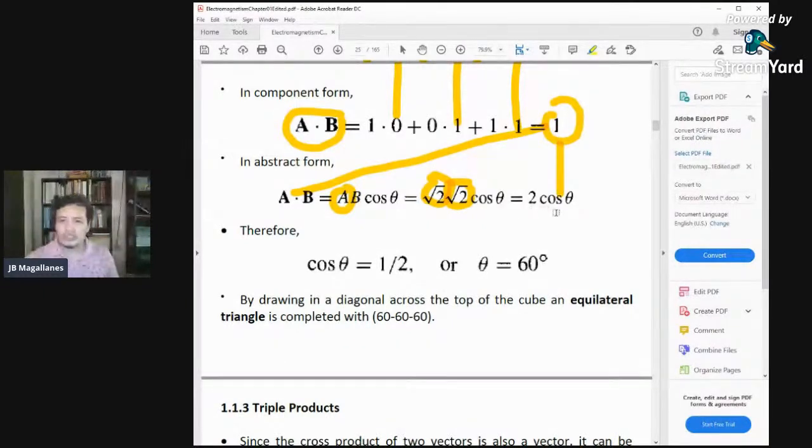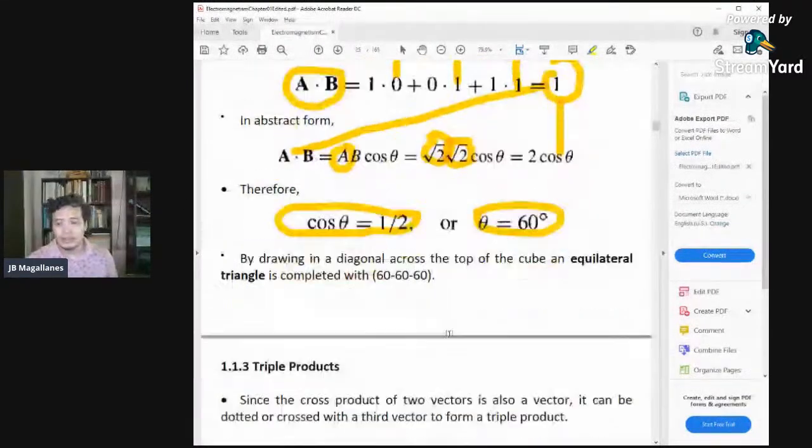So 2 cosine theta is equal to 1. So what is cosine theta? Cosine theta would be 1/2. And then the inverse cosine of 1/2 is just equal to 60 degrees. And you know this in your algebra, or in your trigonometry.